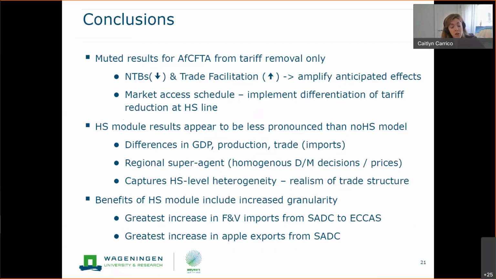Of course, depending on the sector that you're really interested in, this module can offer the benefit of a higher degree of granularity. And we saw this looking at the exports from SADC: you can now see what the biggest trading partners are and in what products in particular. And we saw that it was apples. So that is it. Thank you.